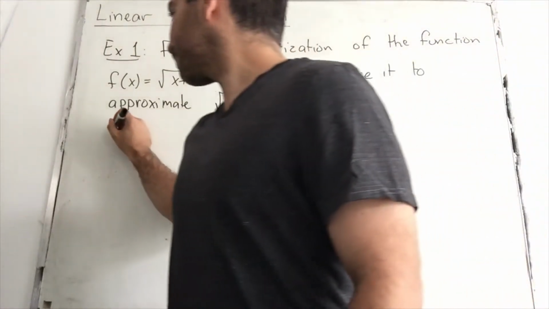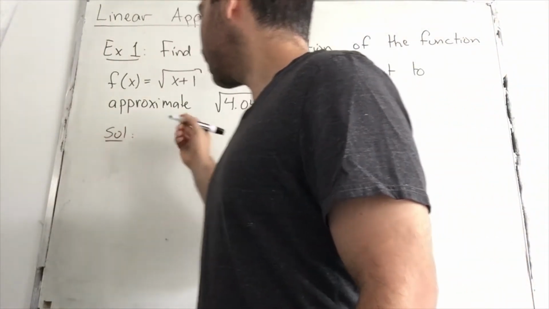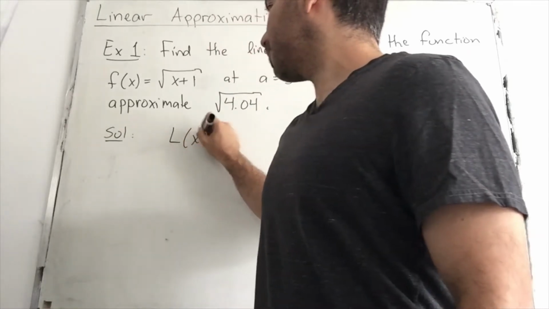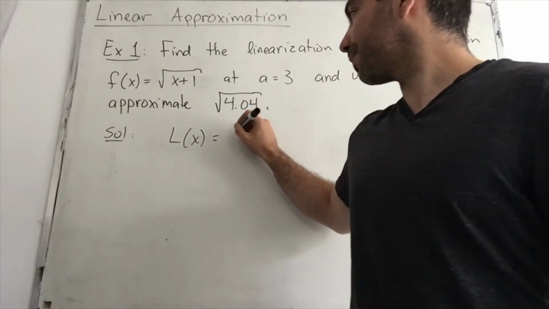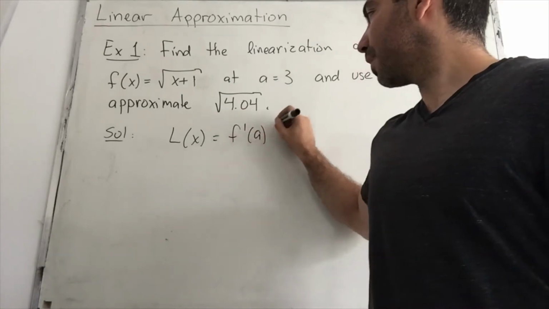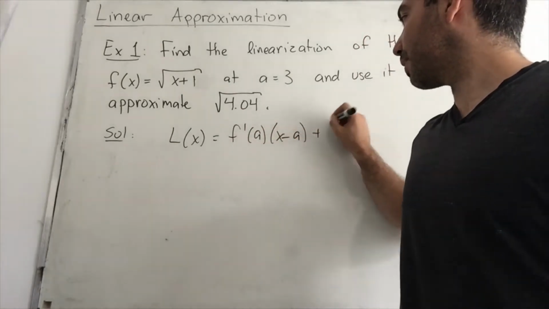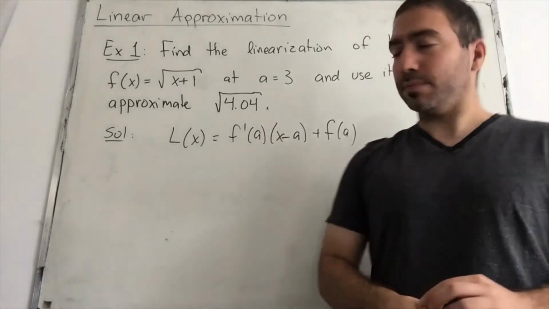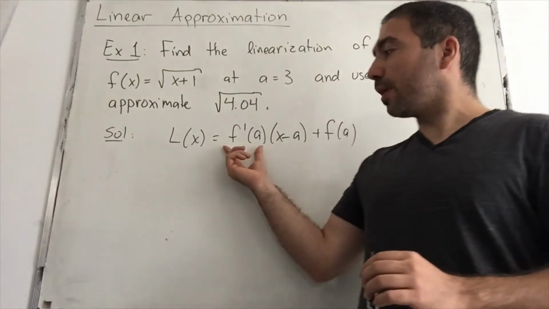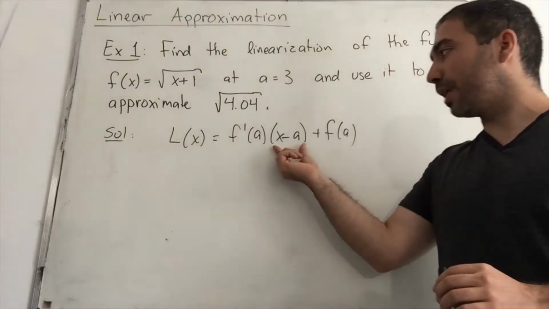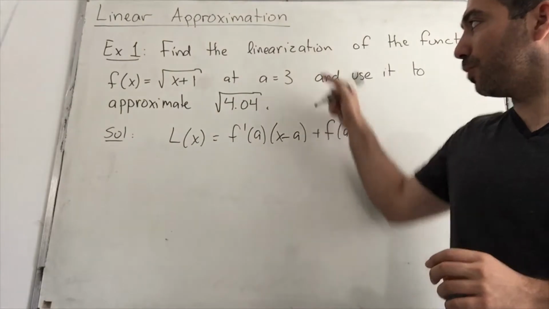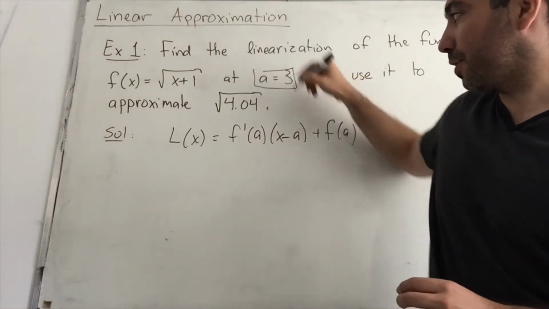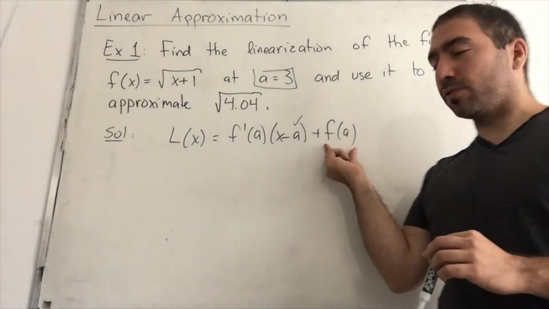Solution. Our linearization formula is L of x equals f prime of A times x minus A plus f of A. So we have to get our derivative and substitute A. We have our value A, which we actually have already. A is 3, so this A is done. And we have to go get f of A.